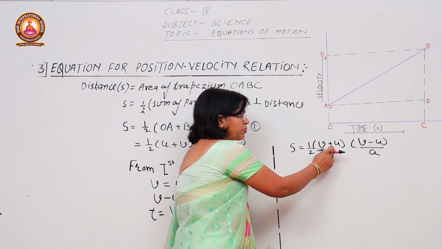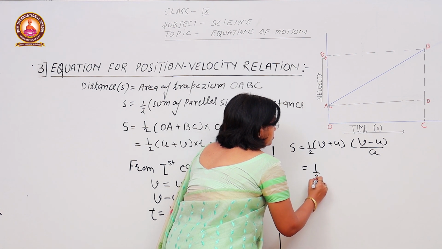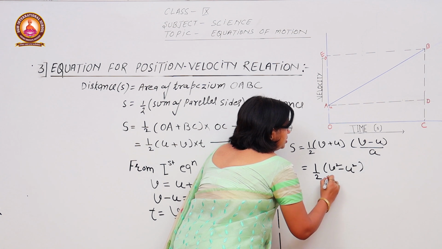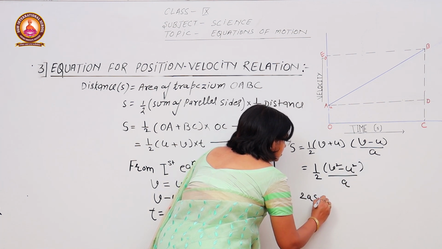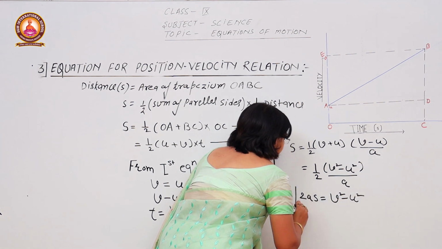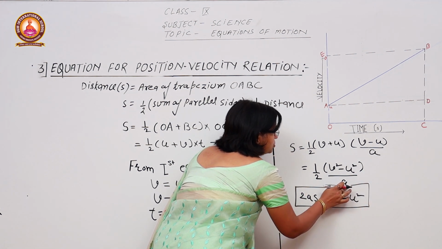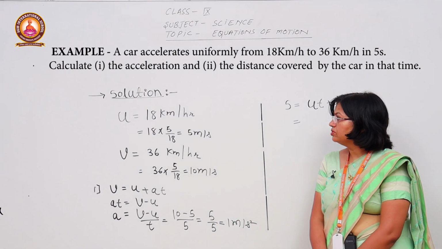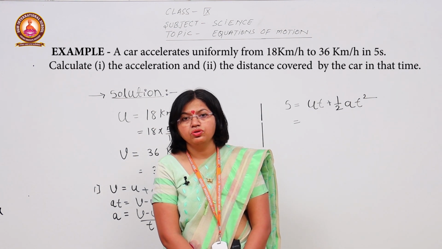Same here, (V plus U)(V minus U) is equal to V square minus U square, so S is equal to 1 by 2 (V square minus U square) upon A, or 2AS is equal to V square minus U square, which is nothing but the third equation of motion.